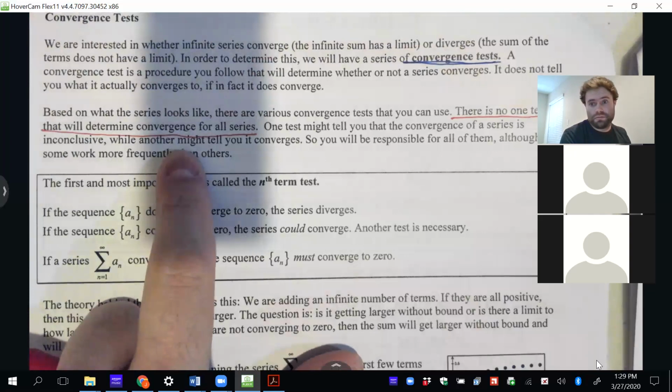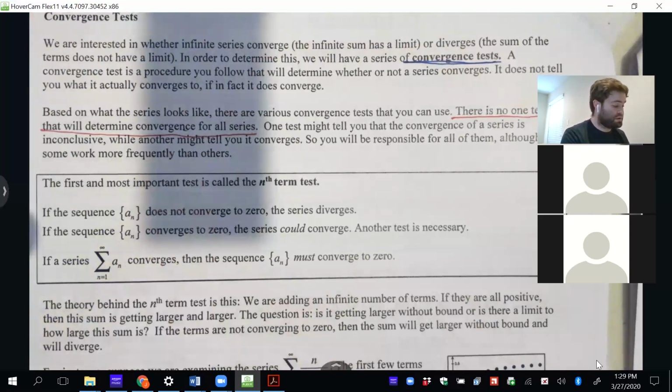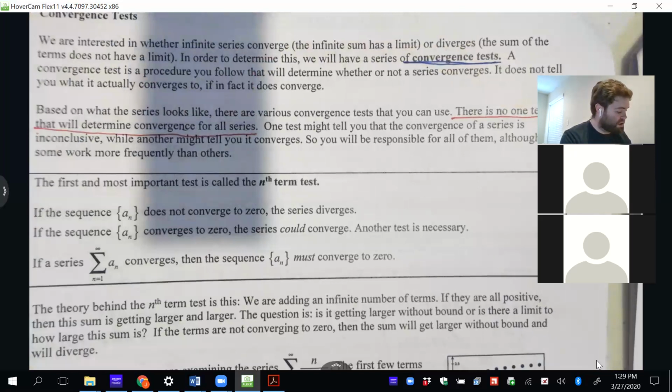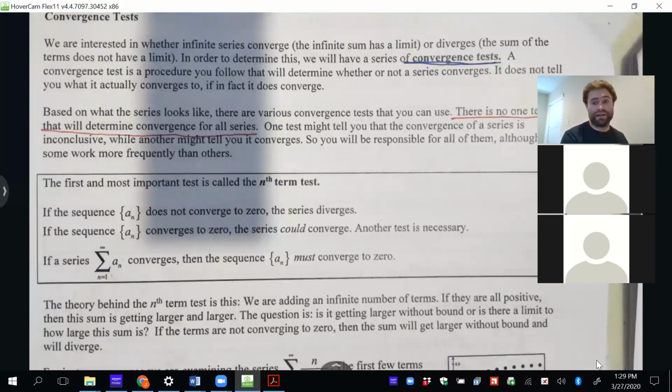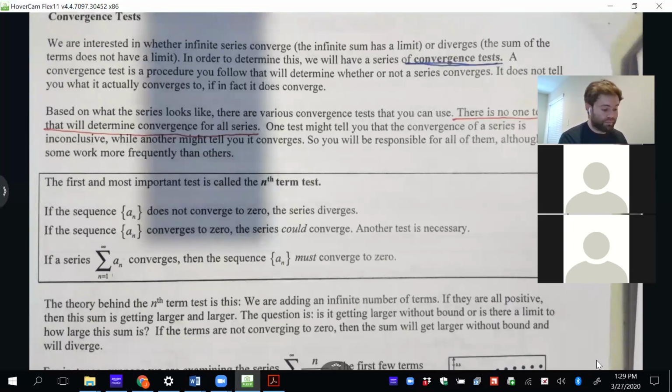So that's why we need to learn most of these. Some of the tests are used based on the certain form that the sequence is in. Certain tests are used if it's more complicated or based on certain things you're asked to do with it. But there's not just one test that's going to work for all of them.